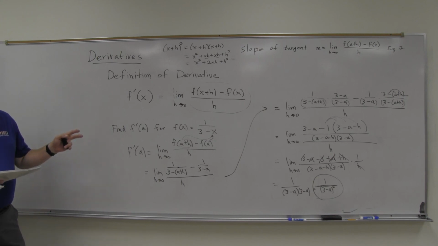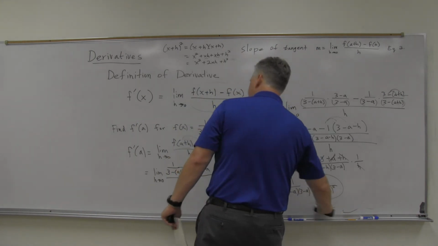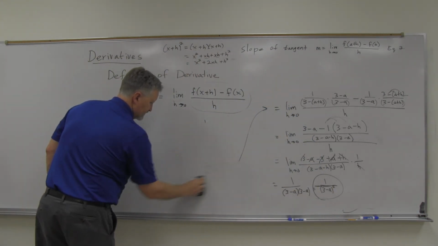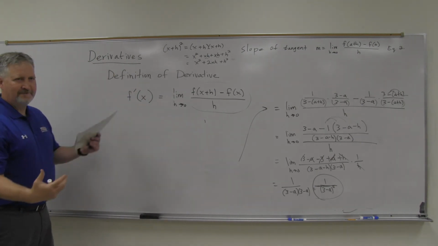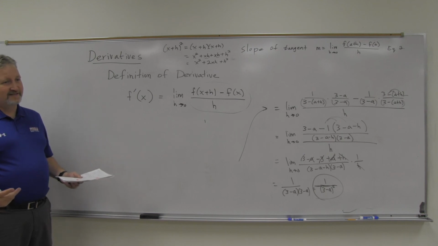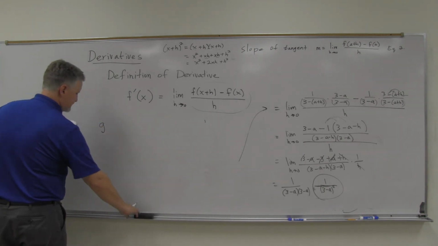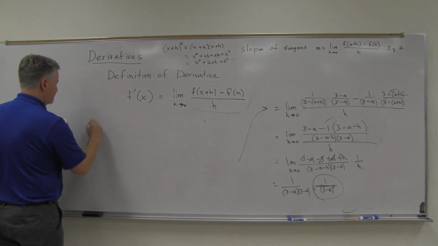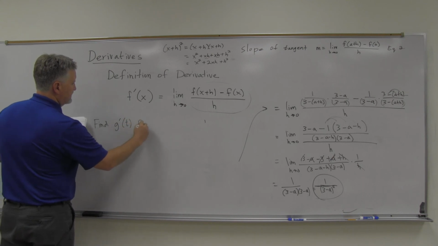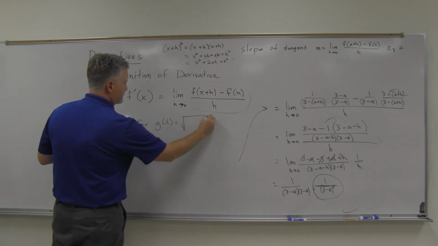Question? All right, try this one. Again, they'll just use different terms, but if it's derivative, it means the same. So let's find g prime of t for g of t equals the square root of 3t plus 2.